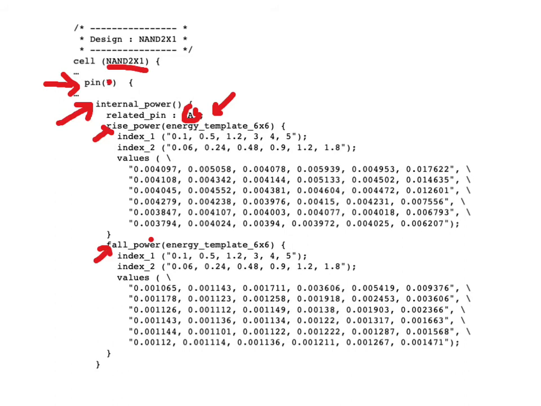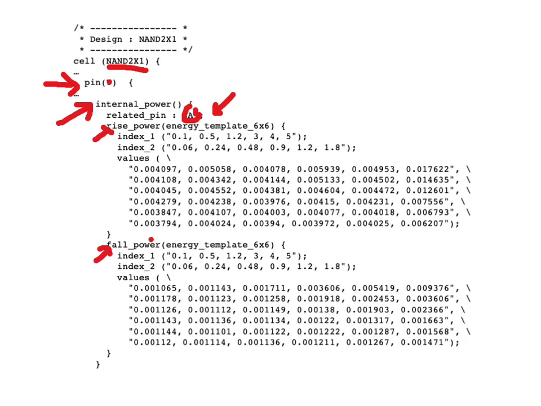But in this particular GSCL 45 nanometer .lib process, those parameters are not specified. Therefore, we only associate the charging capacitance of the input pins with input transitions that do not cause output transitions.